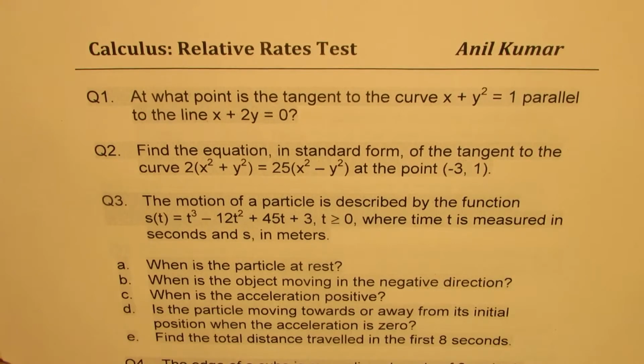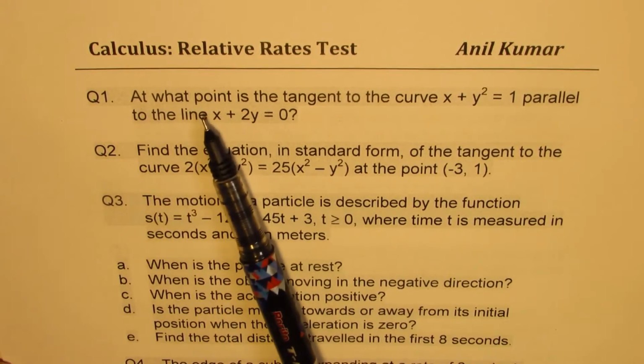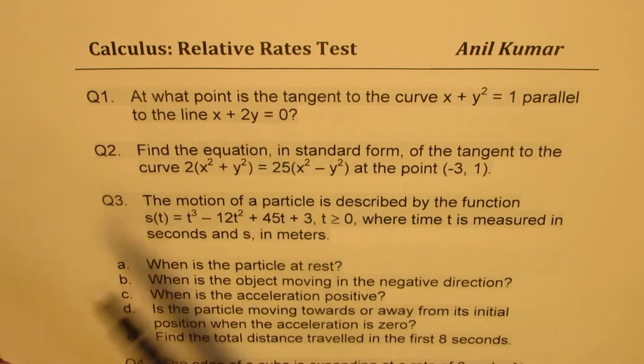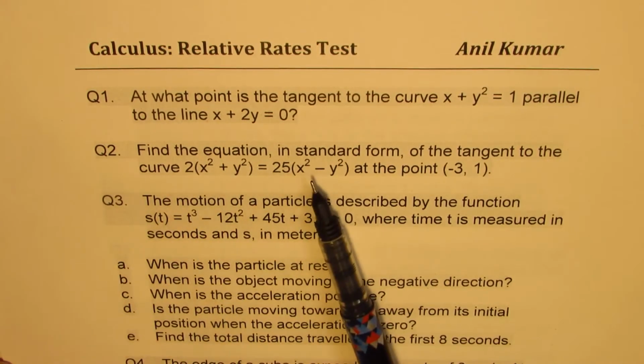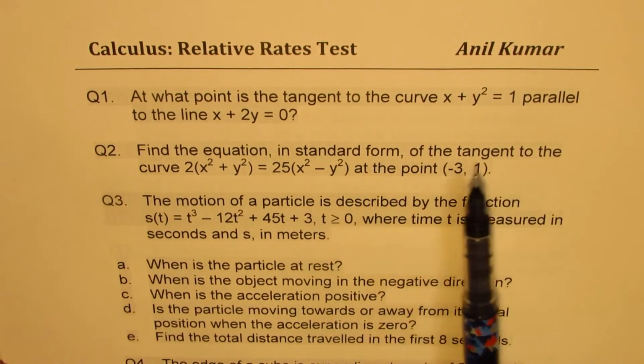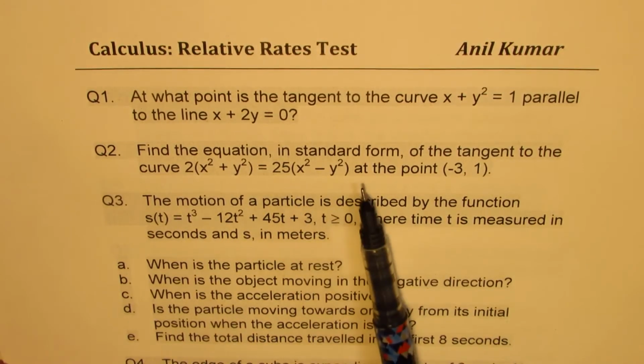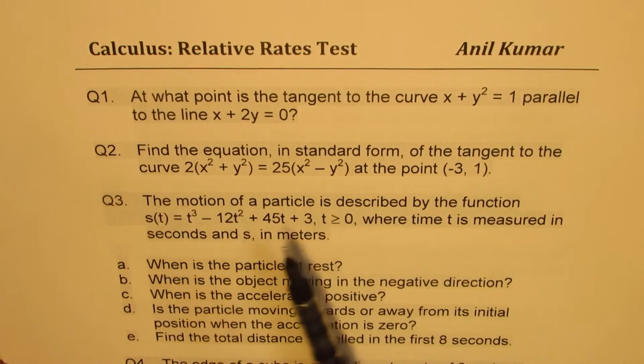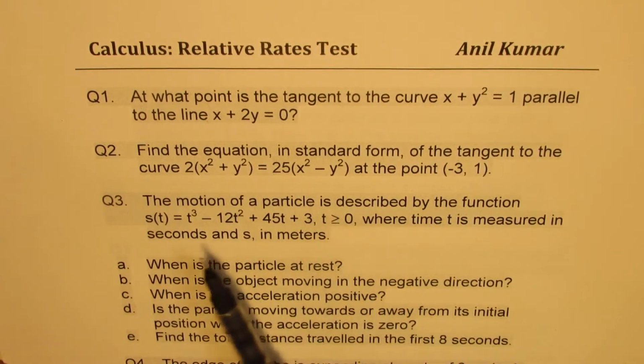The very first one is, at what point is the tangent to the curve parallel to a given line, right? Second, find equation in standard form of the tangent to the curve at a given point. Third, the motion of a particle is described by a cubic function, where t is measured in seconds.